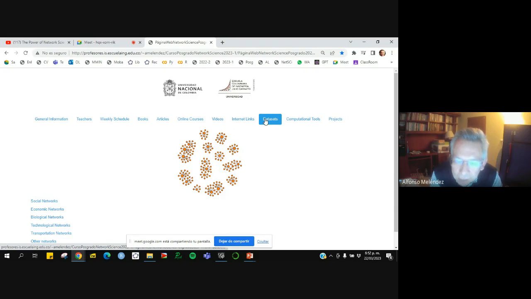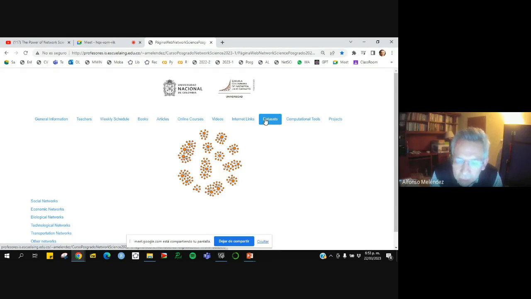This property of resilience is applied in different contexts, and it's a very central concept not only of network science but of complex systems. We're going a little bit broader than network science, into complex systems.